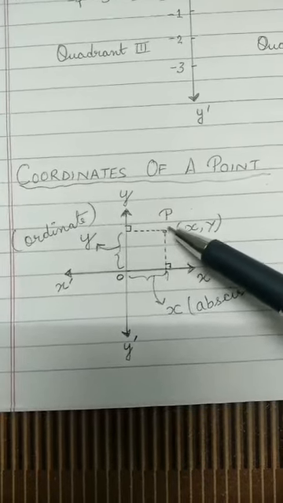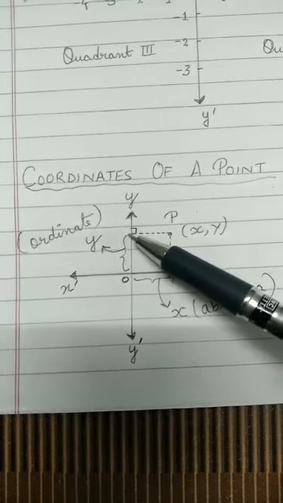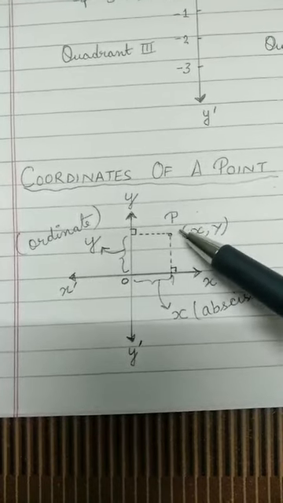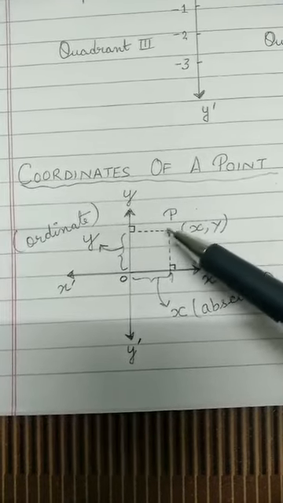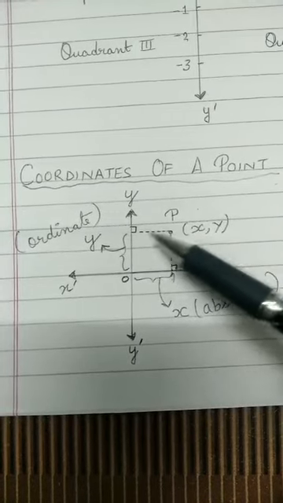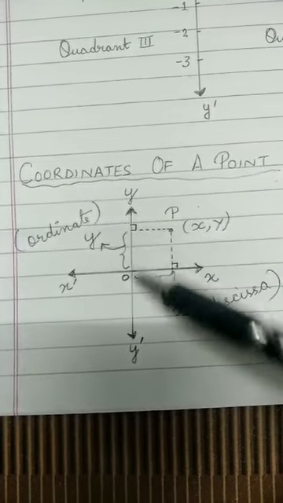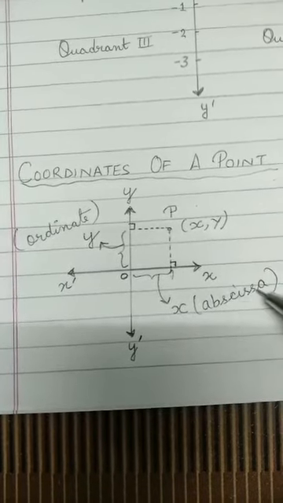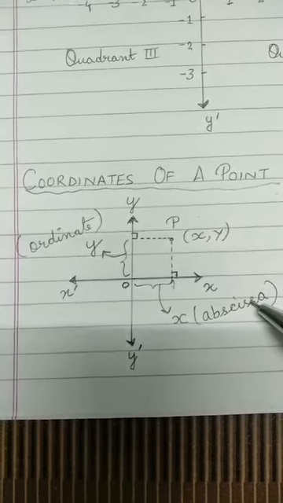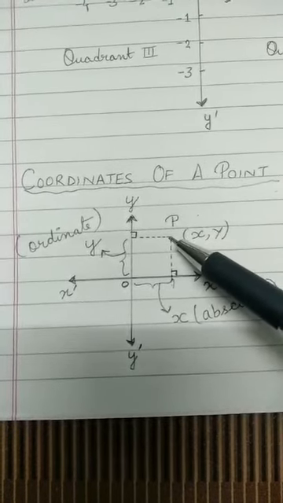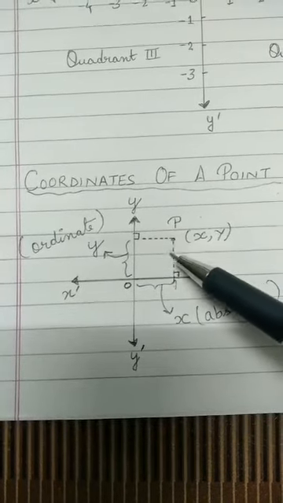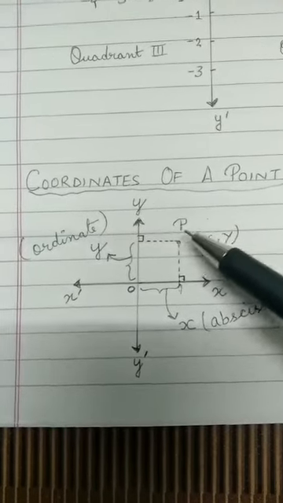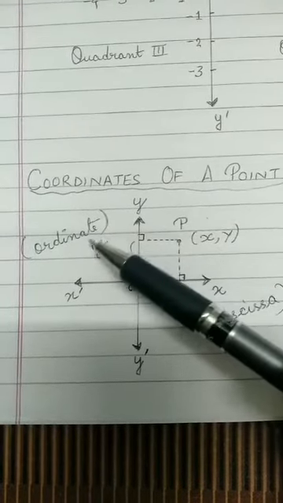Look at the point P. The perpendicular distance of the point P from the y-axis is called its x coordinate or the abscissa of a point, whereas the perpendicular distance of the point from the x-axis is called its y coordinate or simply known as ordinate.